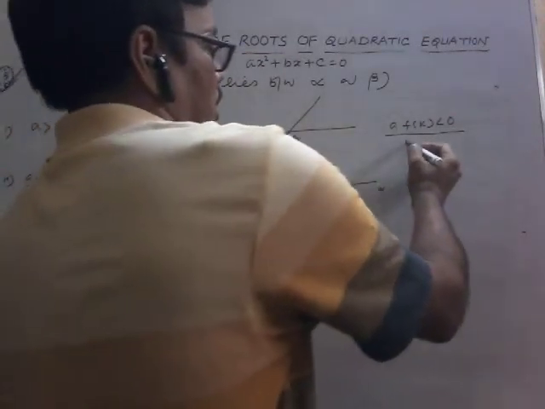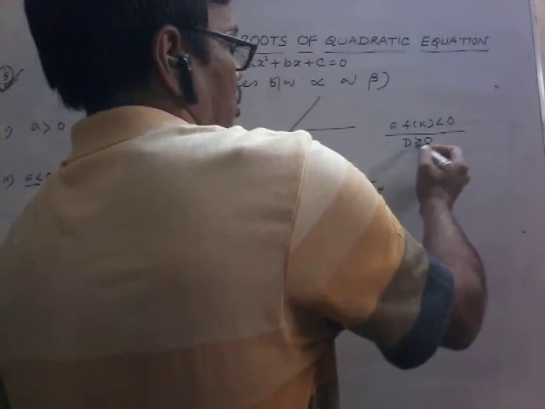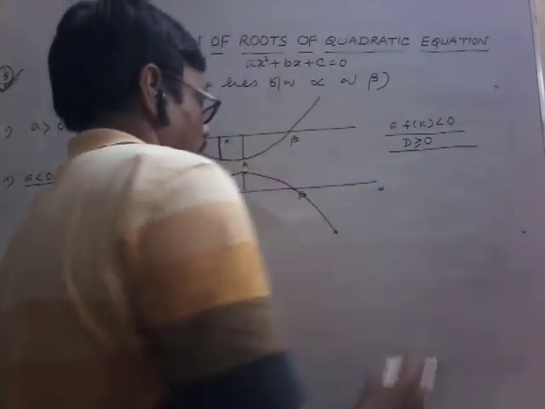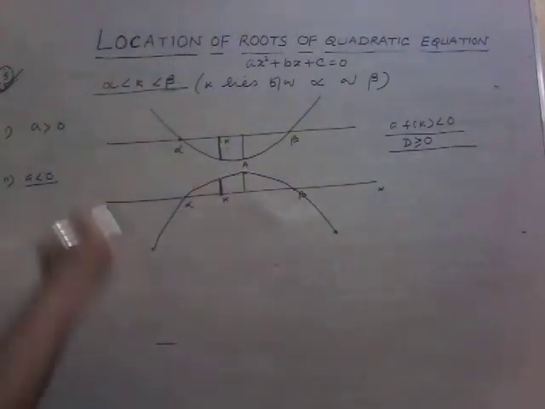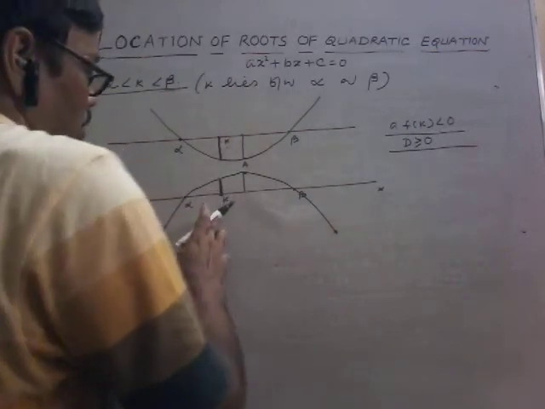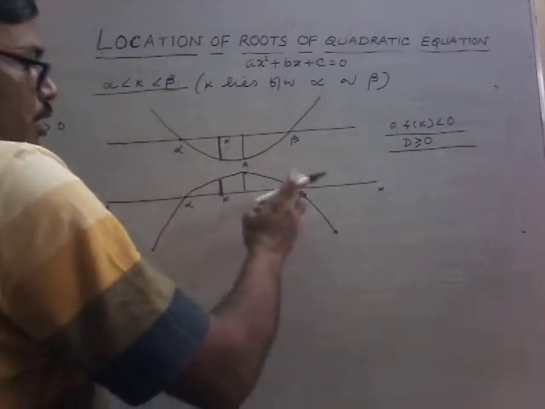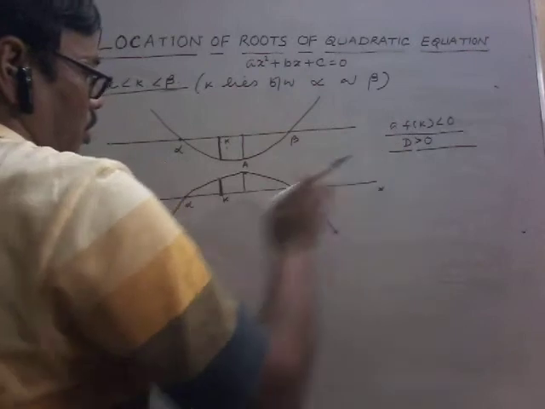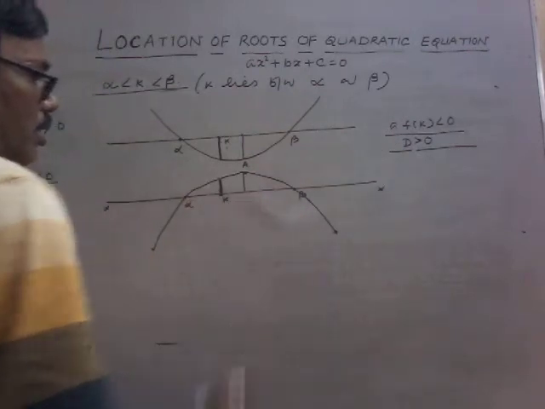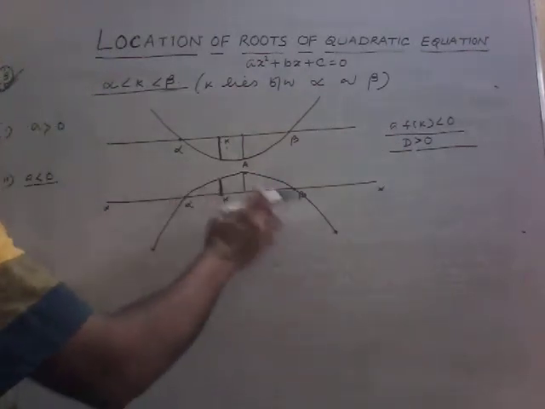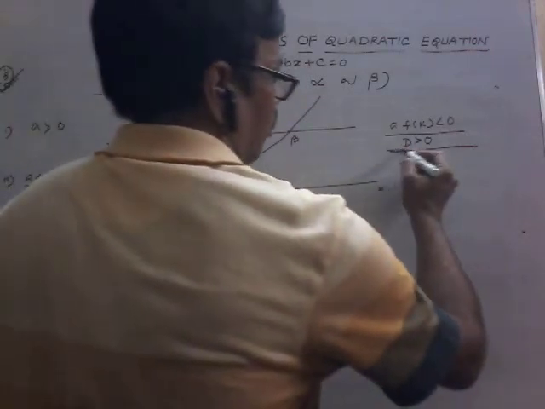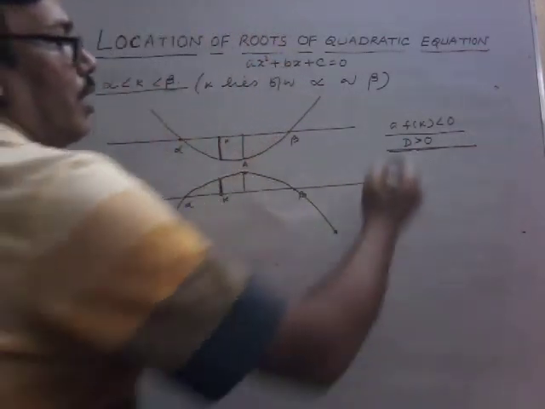Obviously, d greater than equals to 0. Look, you may take d greater than 0 because here the roots are distinct. K lies between them. That is why we can take d greater than 0.